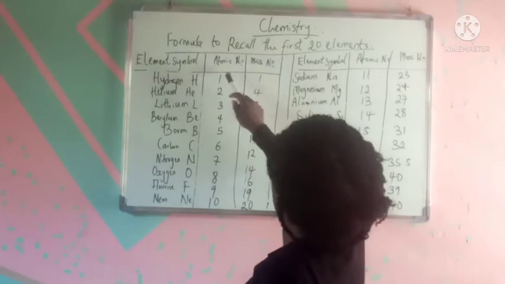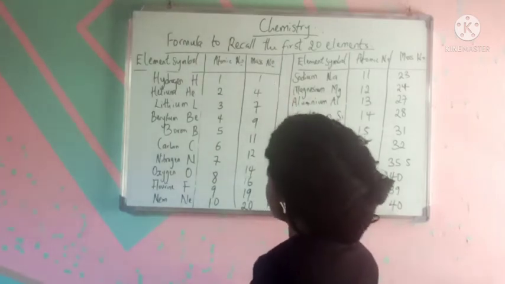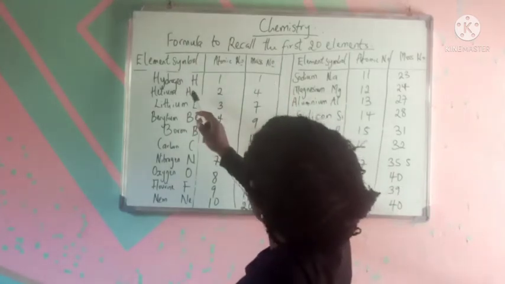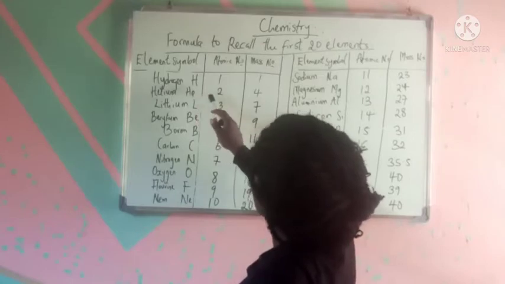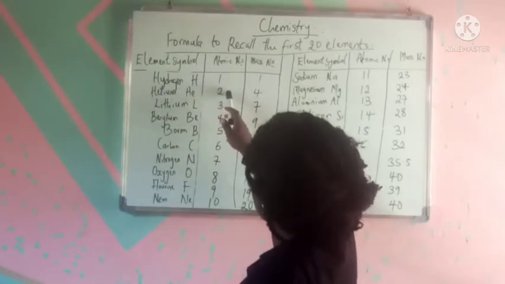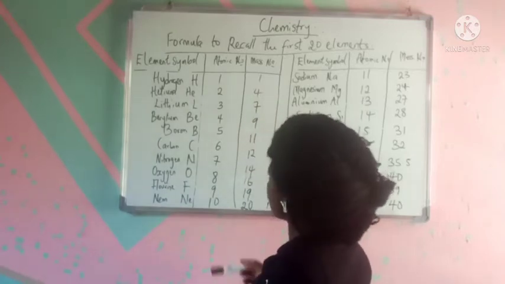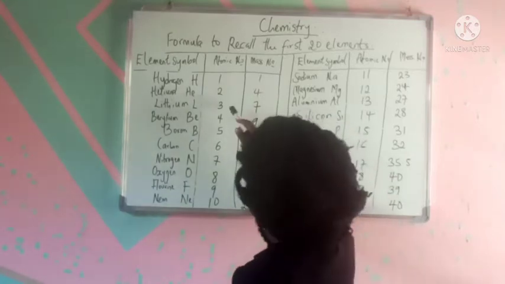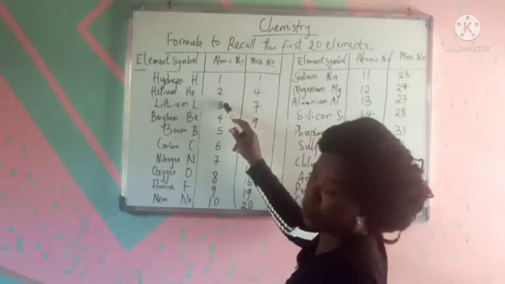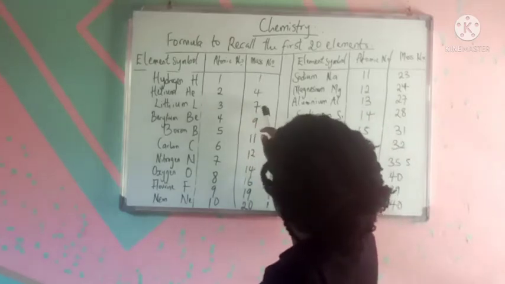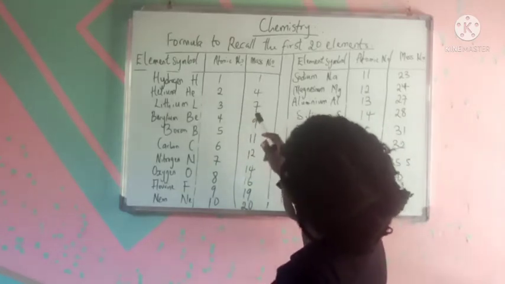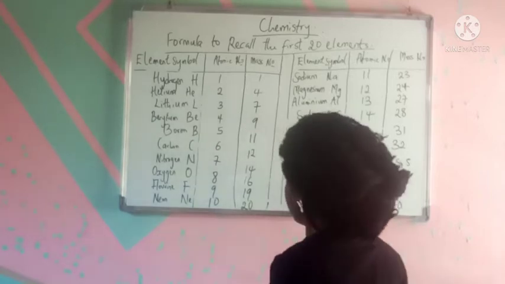That's why 1 plus 0 equals 1. While helium has 2 protons and 2 neutrons, so 2 plus 2 equals 4. Lithium possesses 3 protons and 4 neutrons, so 3 plus 4 equals 7.